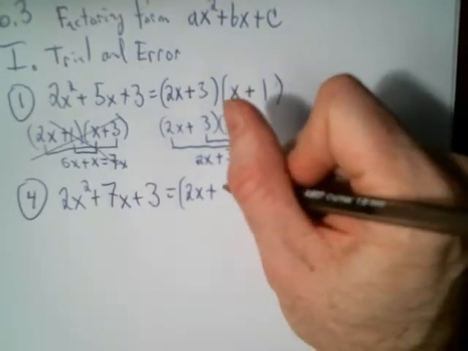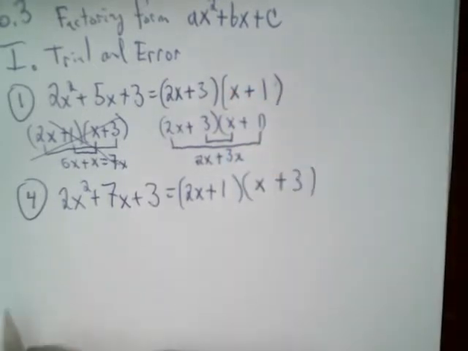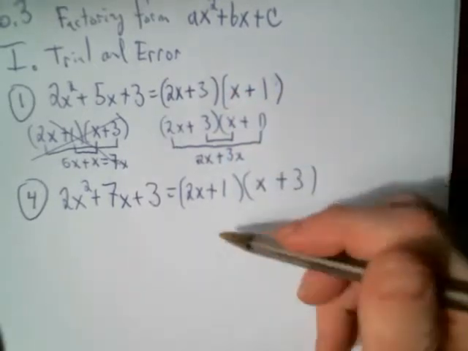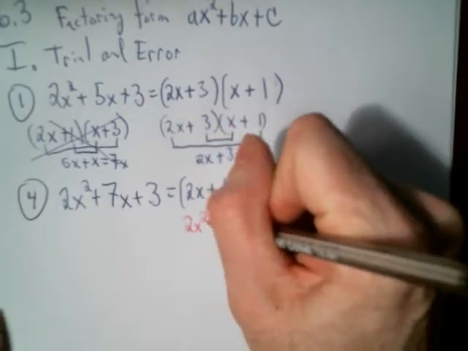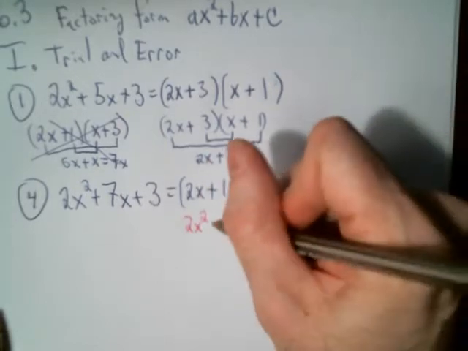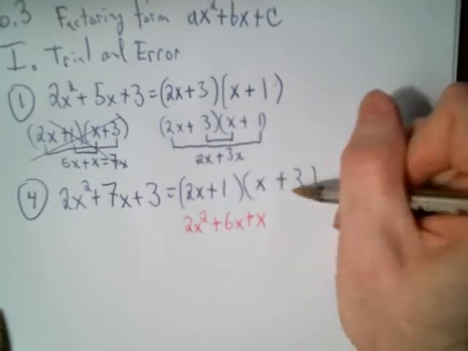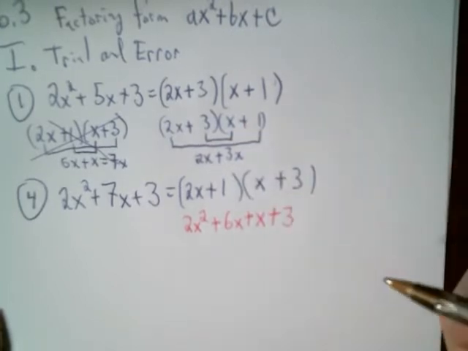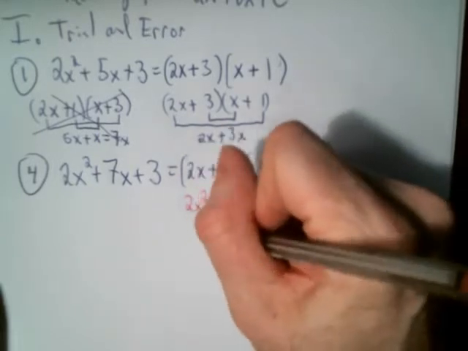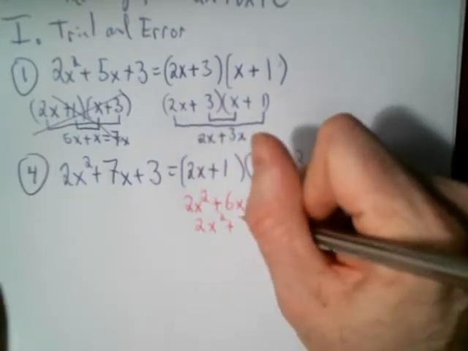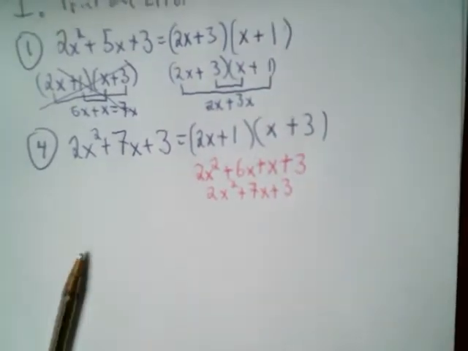So we can put in the 1 and then the 3. And then, of course, in your mind, you want to FOIL it out. So let's go ahead and do it. We have first 2x squared, outer plus 6x, inner plus x, and then last plus 3. So you'll have 2x squared plus 7x plus 3, which is exactly what we want. And that's what we got.